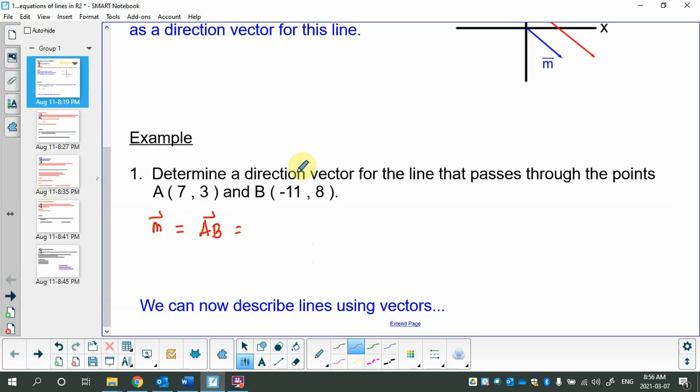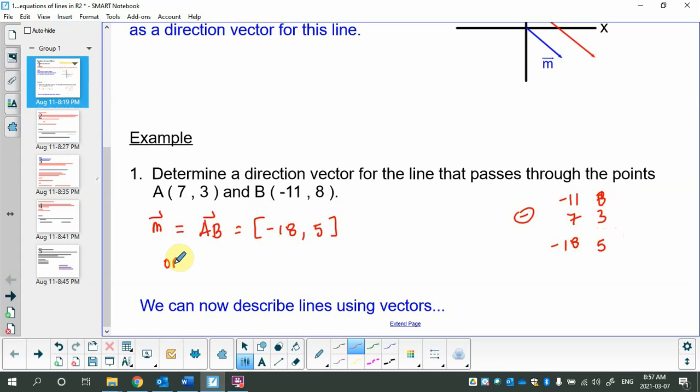This leads us back to the last unit of Cartesian vectors, where you have to take the second point and subtract the first point. So -11 subtract 7 is -18. 8 subtract 3 is 5.